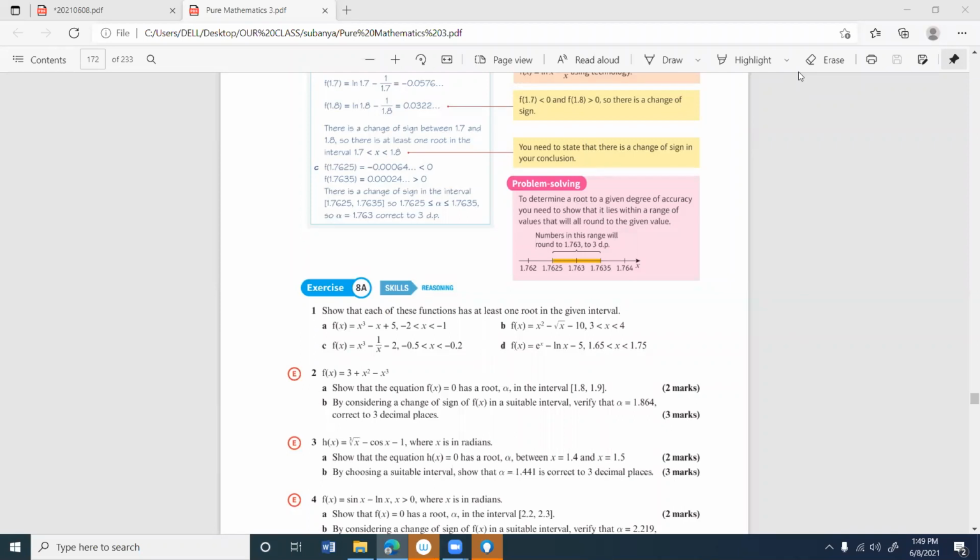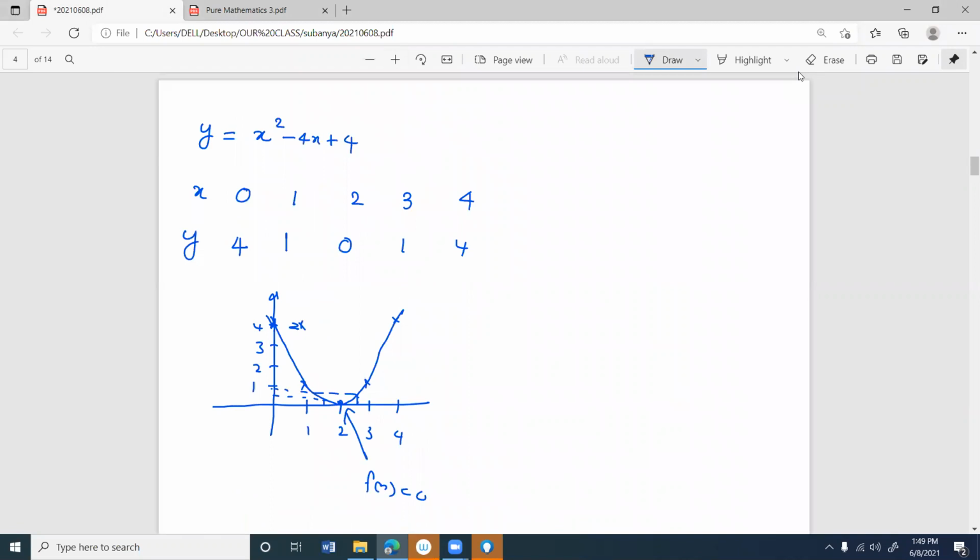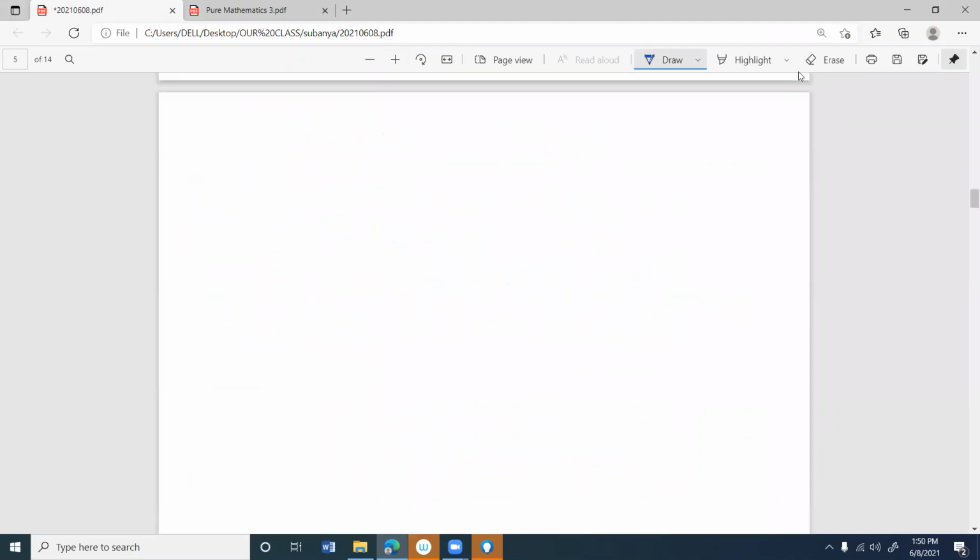If you come up with part C, f(x) equals x cubed minus 1 over x minus 2, we have to show that the root exists between minus 0.5 and minus 0.2. So if you just do it, what we can do is this way.